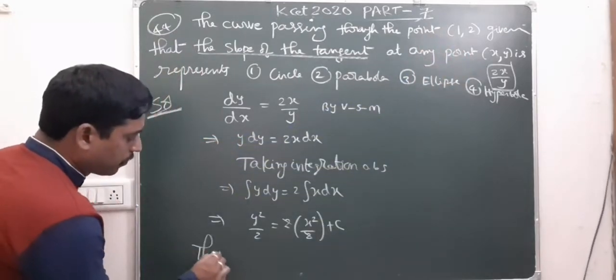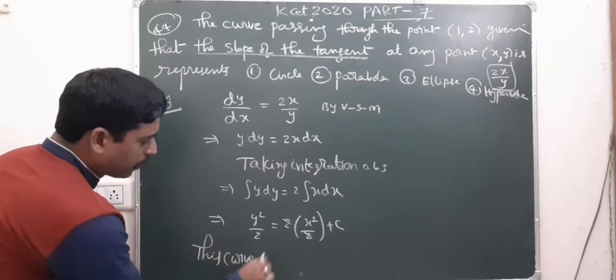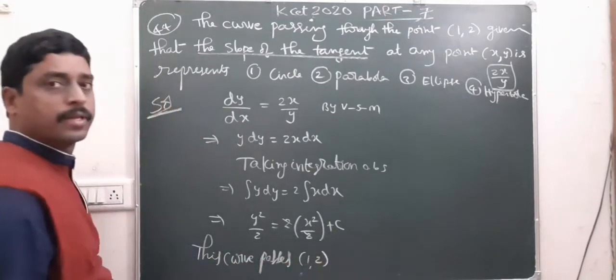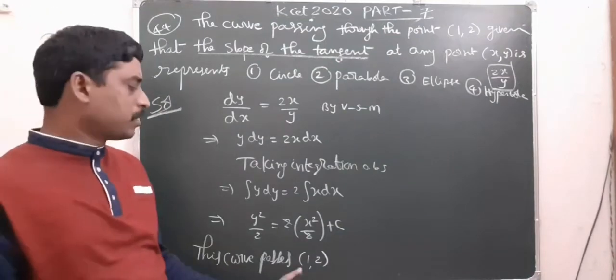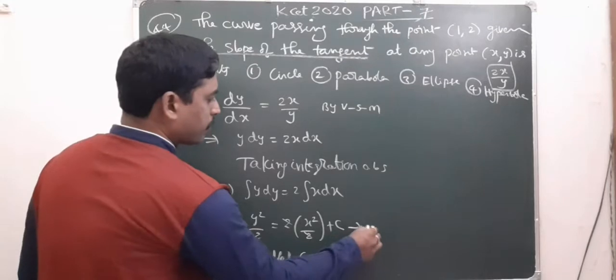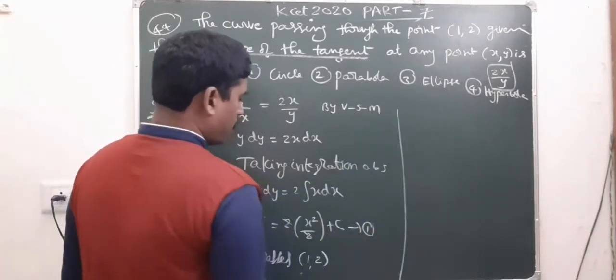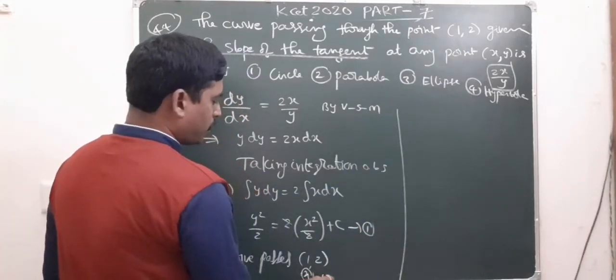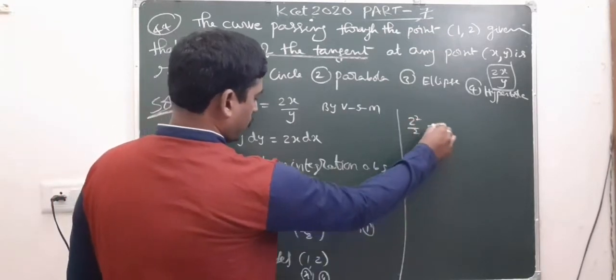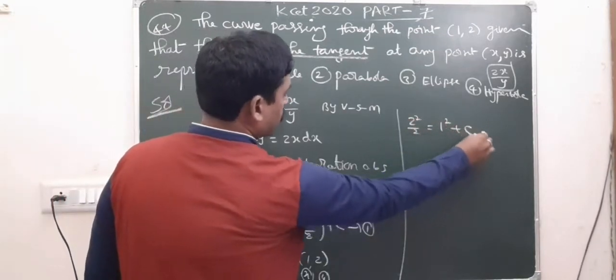This equation passing through the point 1, 2 given. This curve passes through 1, 2. Passes through 1, 2 means on xy plane 1, 2 substitute in this equation. Therefore, x is 1, y is 2 substitute: 2 square by 2 is equal to x square plus c.